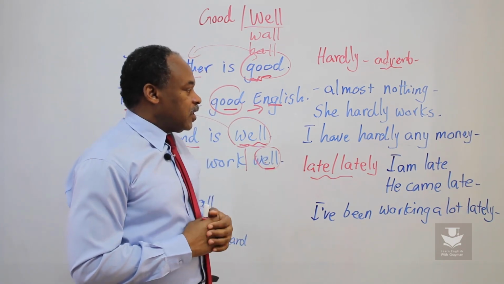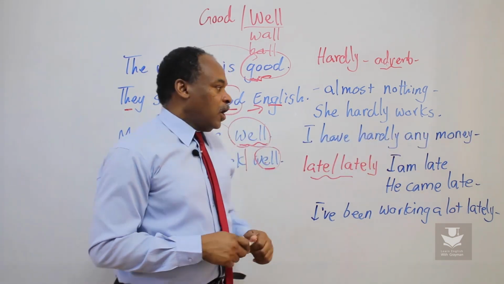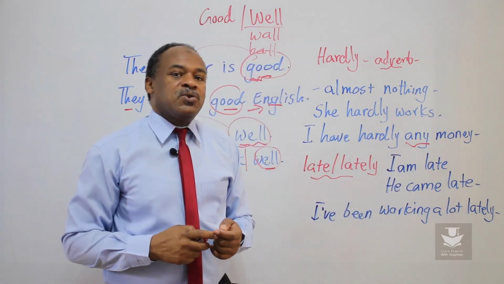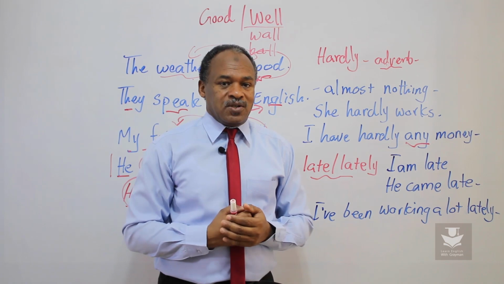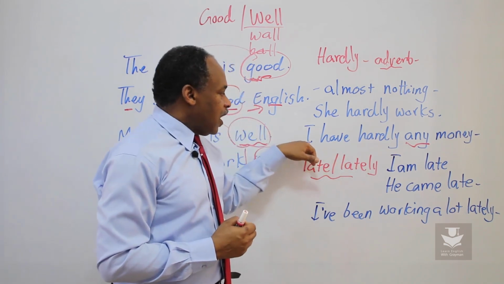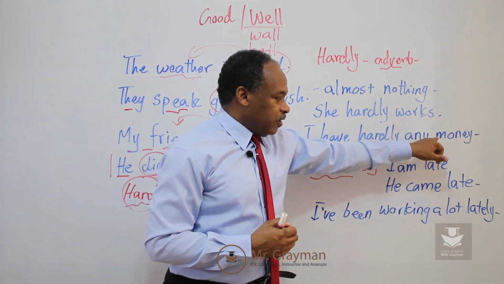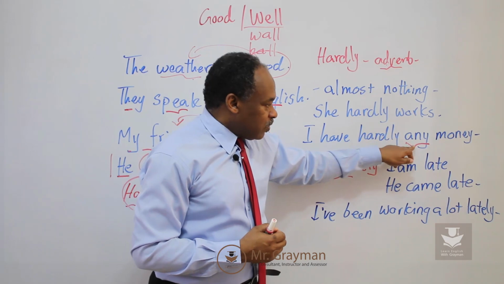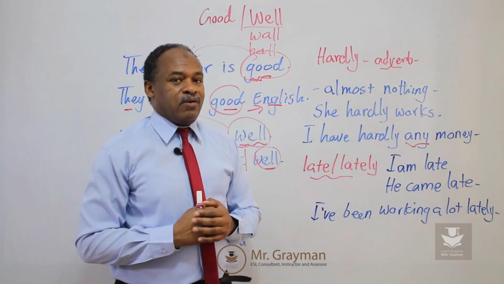Let's look at another example. I have hardly any money. Let's look at any here. Any is always used with negative sentences or questions. But here, I have hardly any money. Because hardly is negative, hardly any money means I am broke.